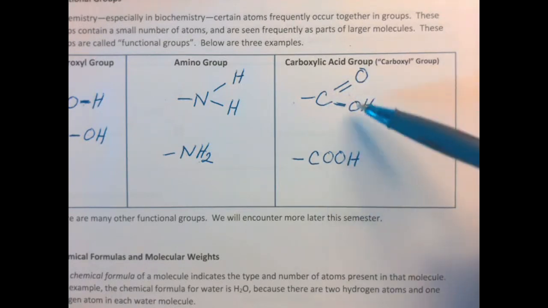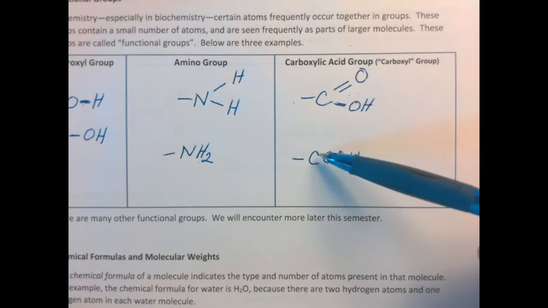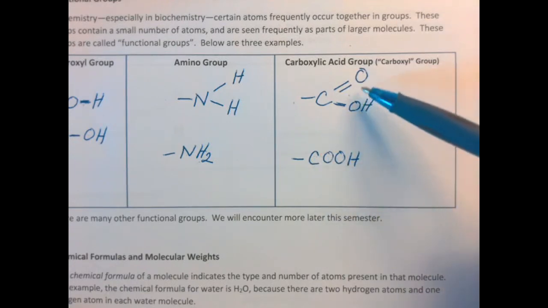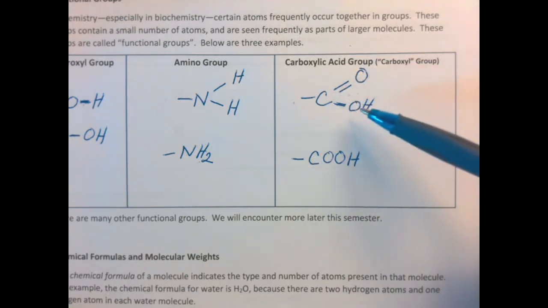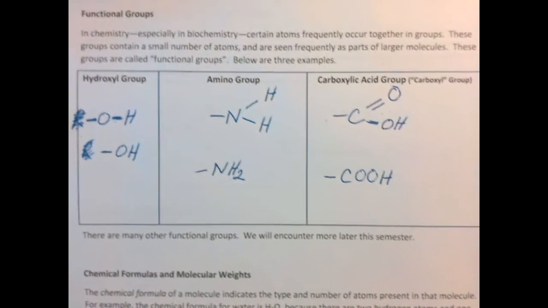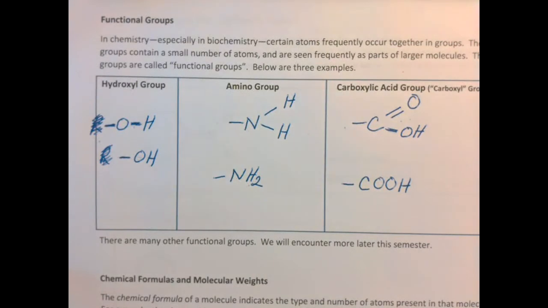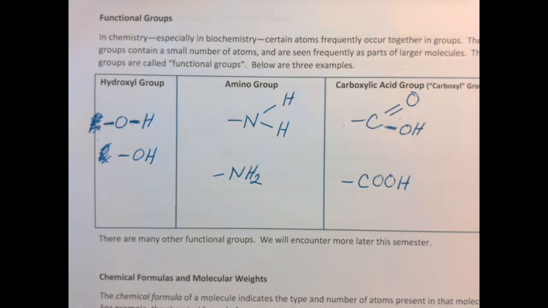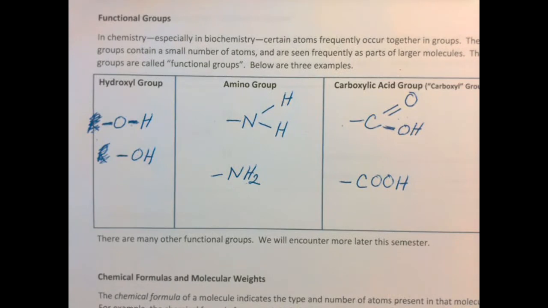So this implies that structure. It's just easier to type this in a line of text than to try to draw it out like that. So that's a good way to draw this as well. So there's three functional groups that we're going to need in the immediate future, and again, we're going to draw more as we move further into this organic and biochemistry portion of the course. So that's functional groups for today.